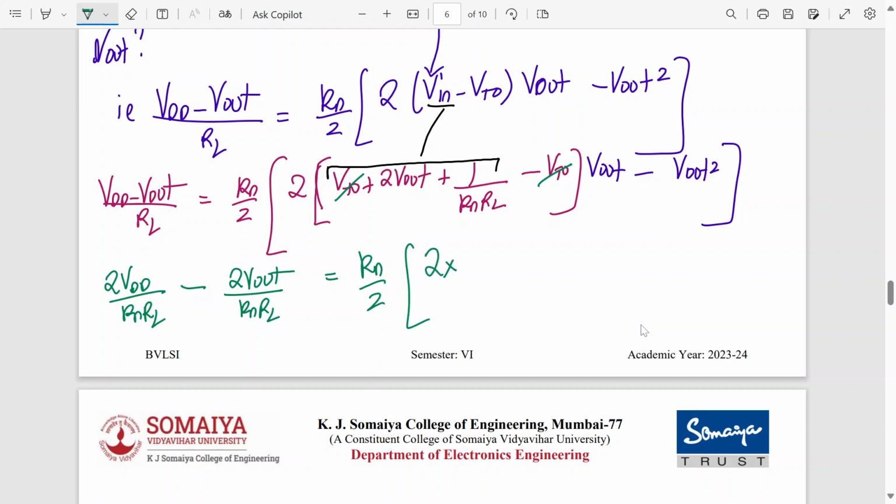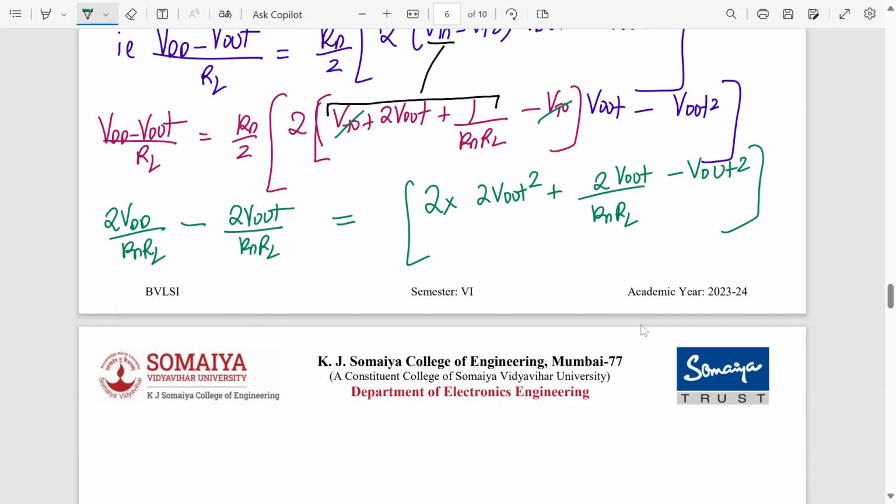That will be 2 into 2 V out square, okay, plus 2 V out divided by Kn into RL, and oh sorry, here Kn into RL will not come because we have already taken it over to this side, minus V out square.